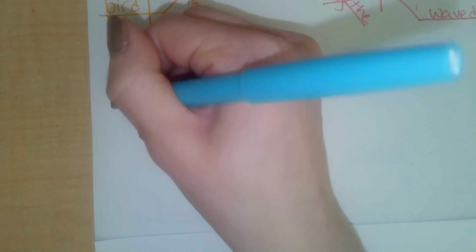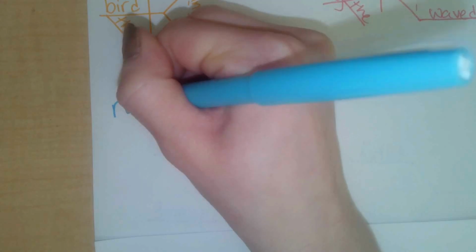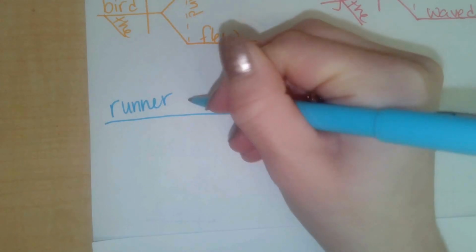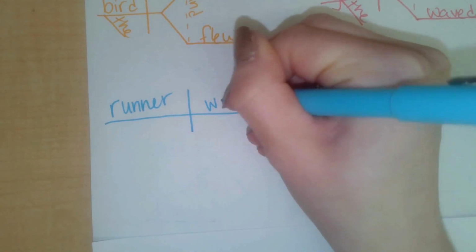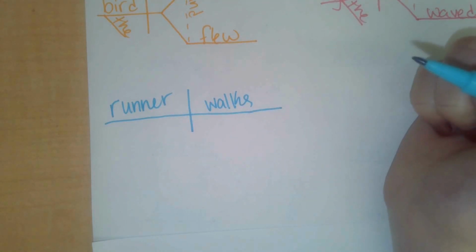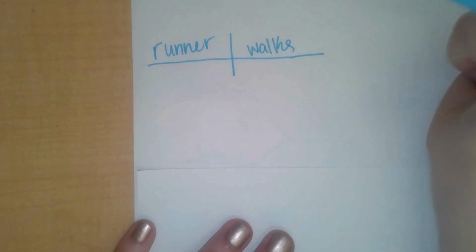So, let's do these ones. The tall but tired runner. We know that runner is our subject because runner is the one doing something. Horizontal line. And what is the runner doing? He's walking. You may not want to do your vertical line right away. I just did it because of habit.